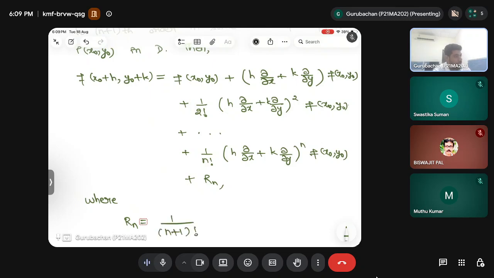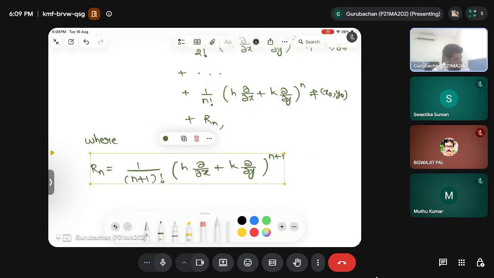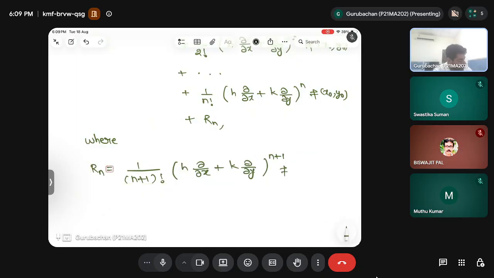This will be 1 by n plus 1 factorial h del by del x plus k del by del y to the power n plus 1 of f, but here your point will be x naught plus theta h, y naught plus theta k, and this theta lies between 0 and 1. So this is your Taylor's theorem in two variables.